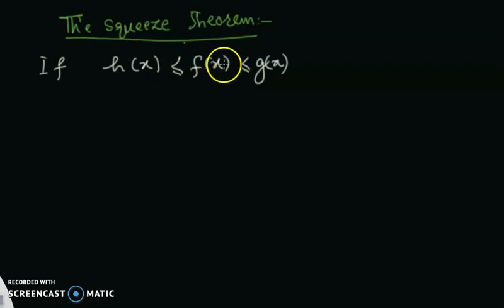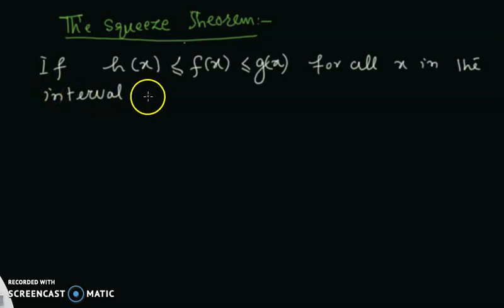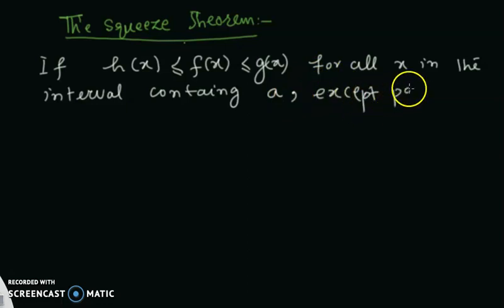You have a function f which is sandwiched between h and g, or lying between h and g, for all x in the interval containing a point A, except possibly at A itself.